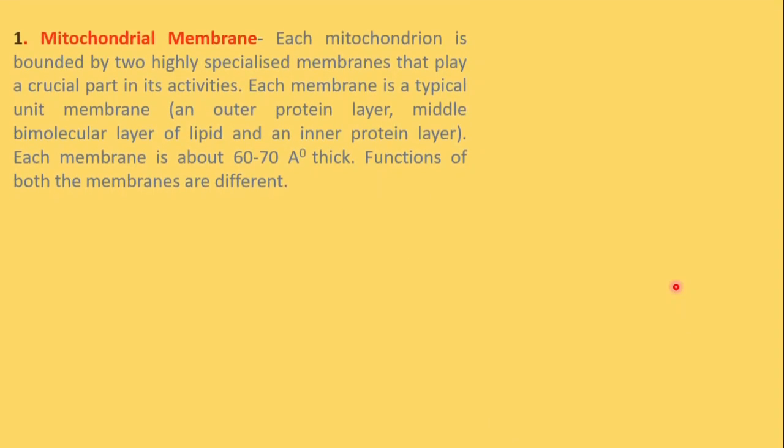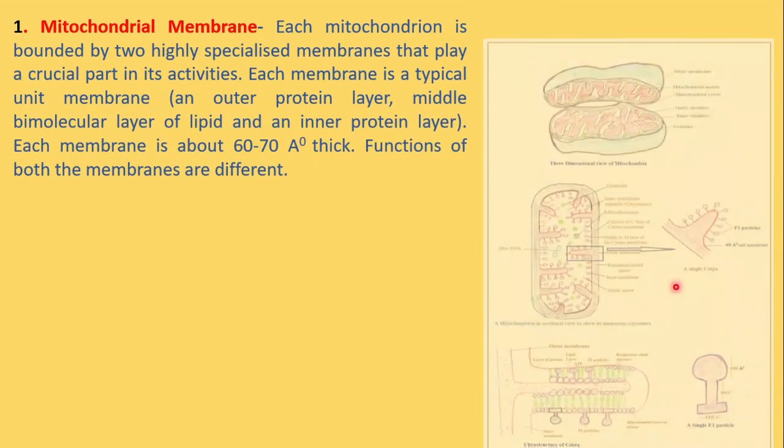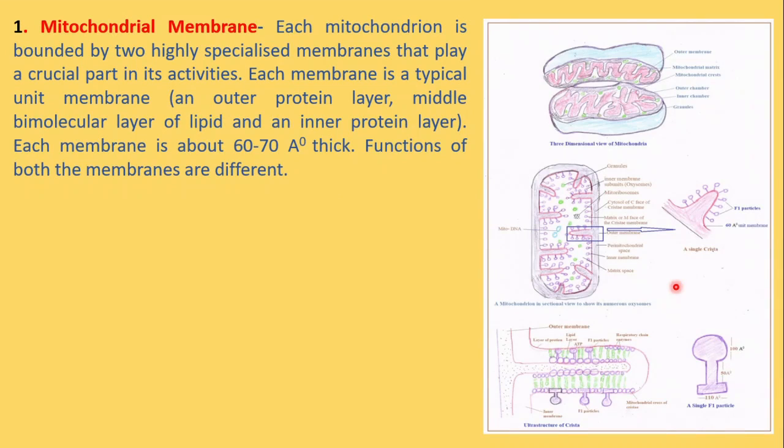Now first of all we will see the mitochondrial membrane. Each mitochondrion is bounded by two highly specialized membranes that play a crucial part in its activities. Each membrane is a typical unit membrane: an outer protein layer, a middle bimolecular layer of lipid, and an inner protein layer.